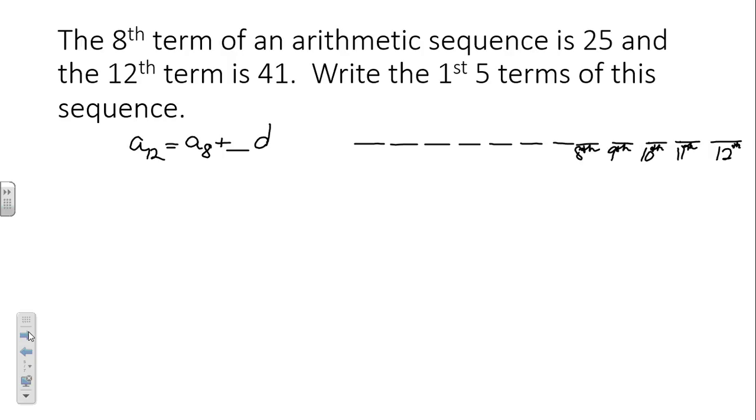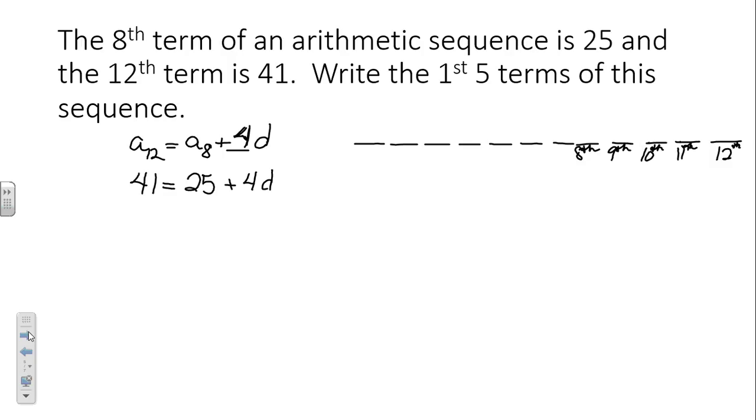Okay, so we know that we have 4 differences between these guys. We don't know what our difference is yet, but we know there's 4 differences there. So if our 12th term is 41 and our 8th term is 25, and we have 4 differences between them, how can we solve that?